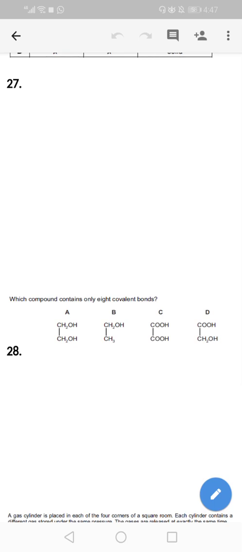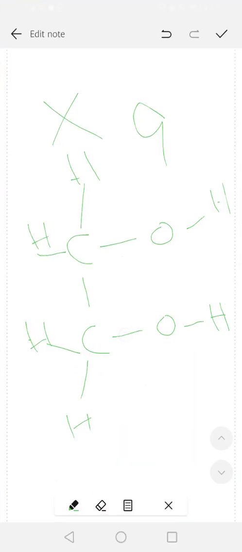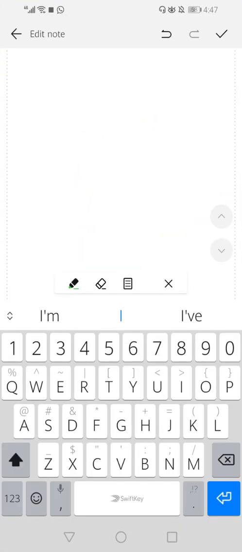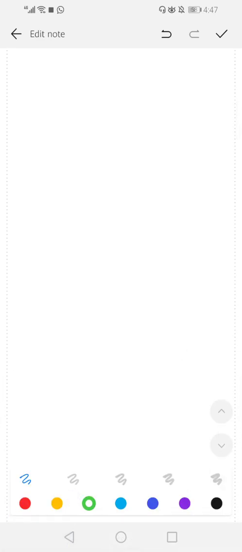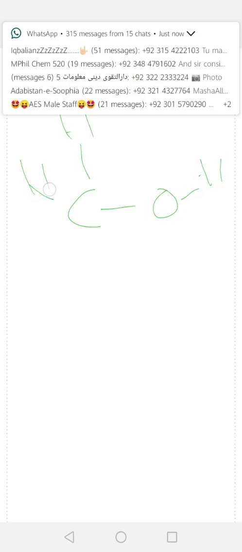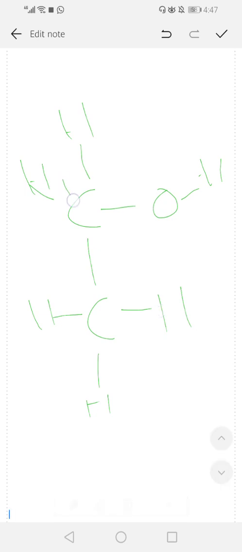In the case of option B, there is this group. In this case, 1, 2, 3, 4, 5, 6, 7, 8.